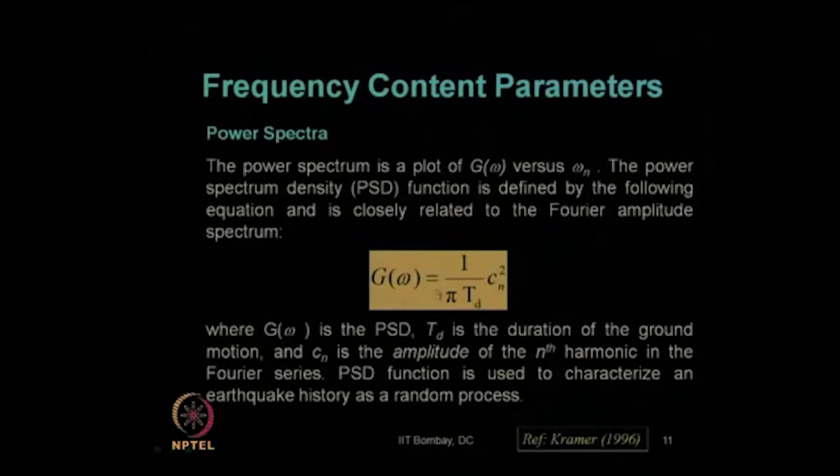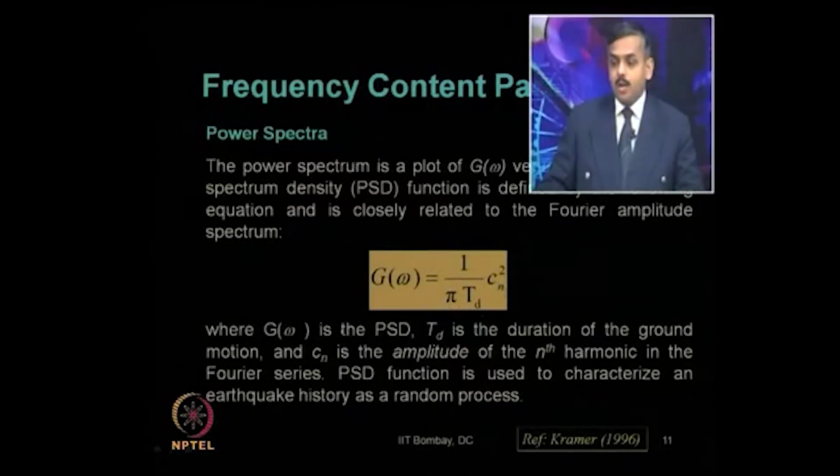G omega can be written in the form of 1 by pi T d C n square, where g omega is nothing but the PSD, the power spectral density, and T d is the duration of the ground motion, which is related to your omega n, of course.